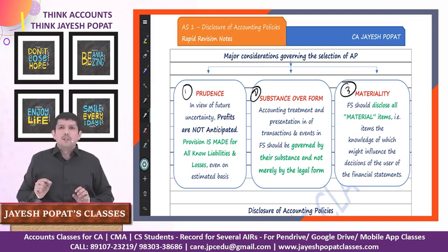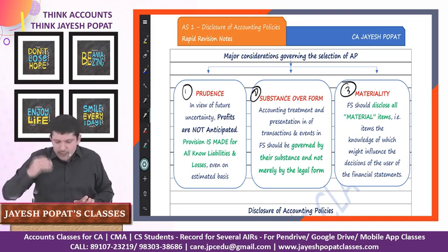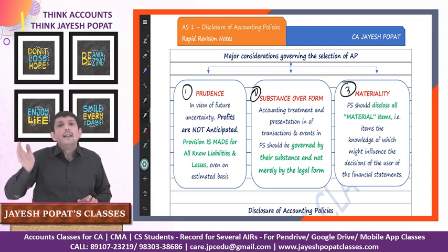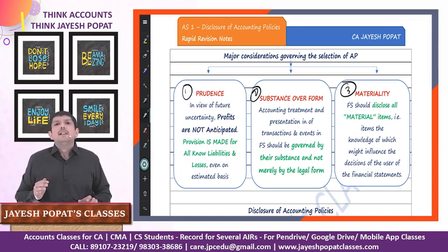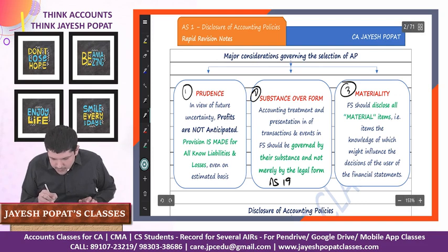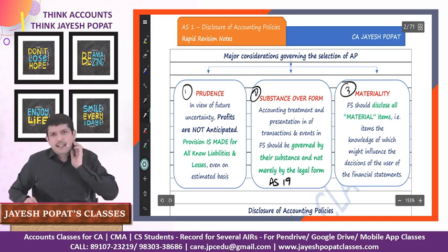Then substance over form. It says that whenever you are recording a transaction or an event in the books of accounts, you should look at the substance of the transaction and event rather than merely looking at its legal form. The best example of this is under Accounting Standard 19, when we do finance lease.